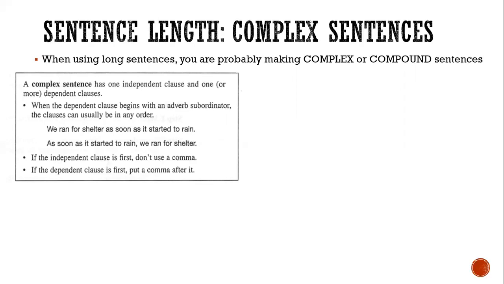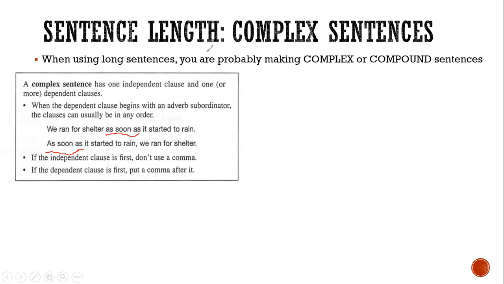For example, we ran for shelter as soon as it started to rain. So this is our subordinator, as soon as. If the independent clause is first, don't use a comma.